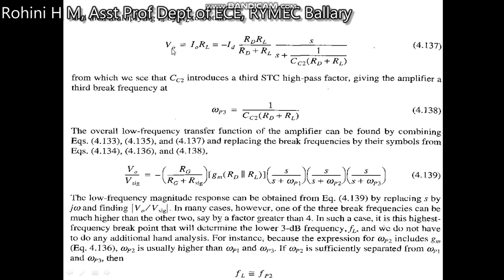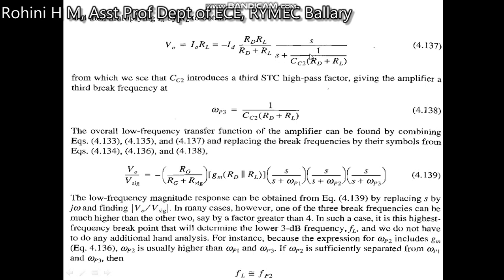From this we can see that CC2 introduces a third STC high pass factor, giving the amplifier a third break frequency. Omega p1 and omega p2 we saw, and now the third break frequency is omega p3, which is given by this third term.